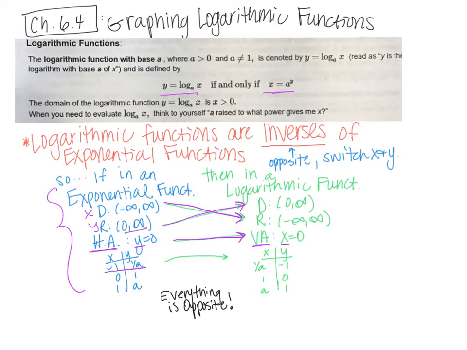I'm going to switch that and make it 1 over a, comma, negative 1. Used to be 0, 1, now is 1, 0. Used to be 1, a, is now a, 1. So everything is going to be the opposite when I look at an inverse function. So my log function comes directly from doing the inverse operation of my exponential.